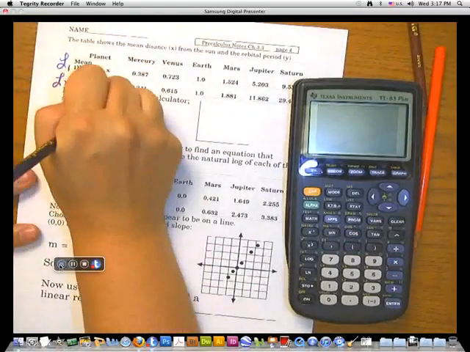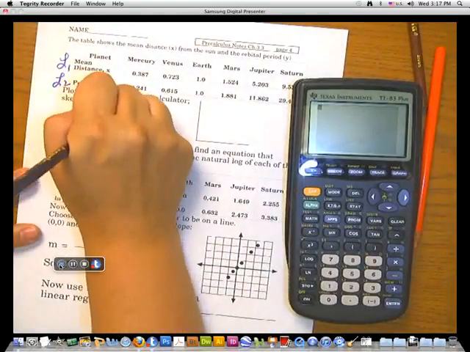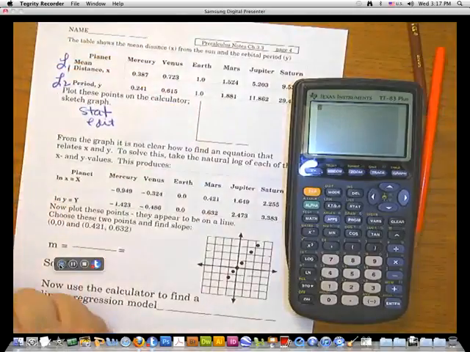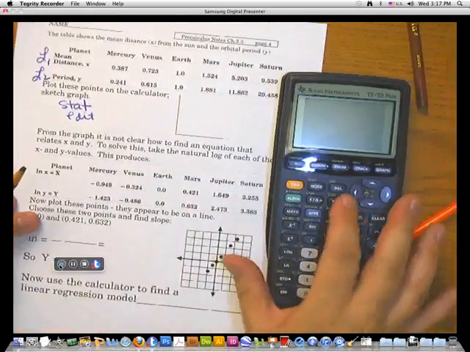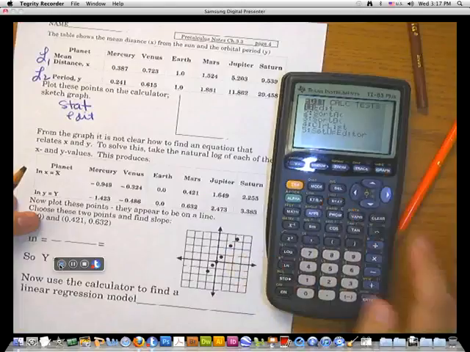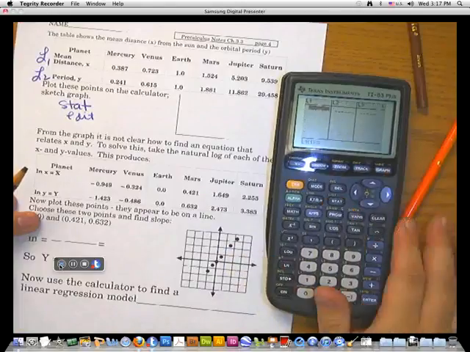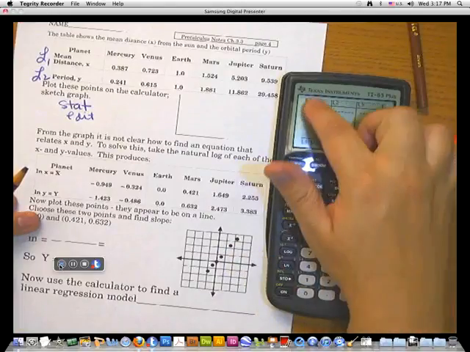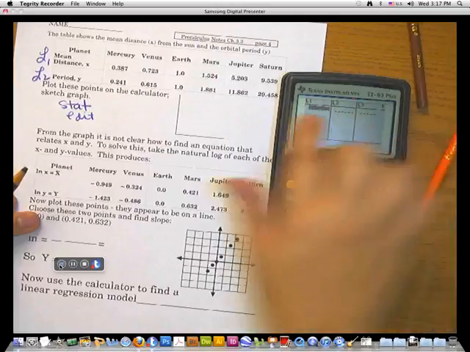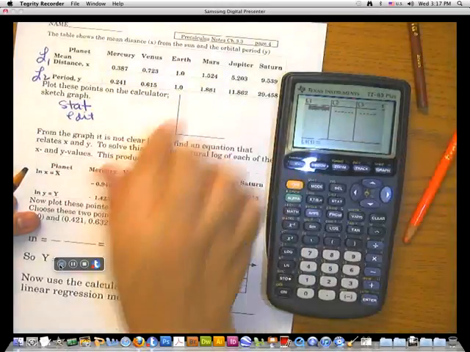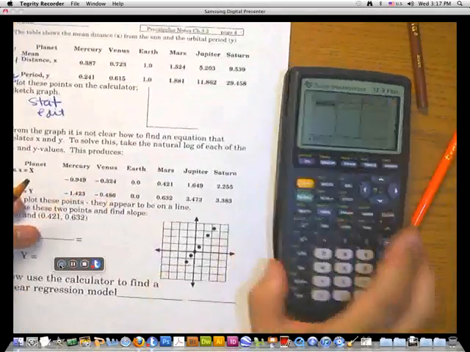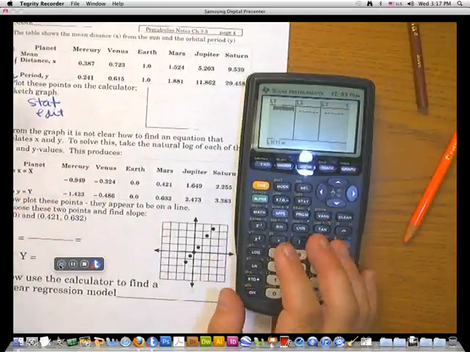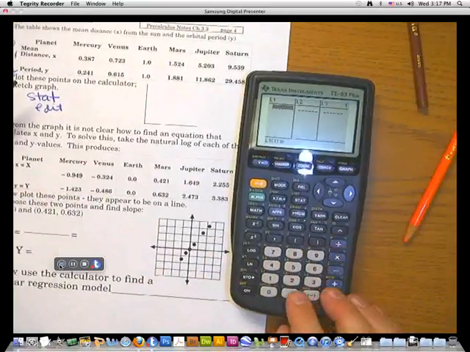The way that we do that is we go to stat, edit, and put in the L1 and L2 data points. Then we're going to do a sketch of them. So go ahead and do that.